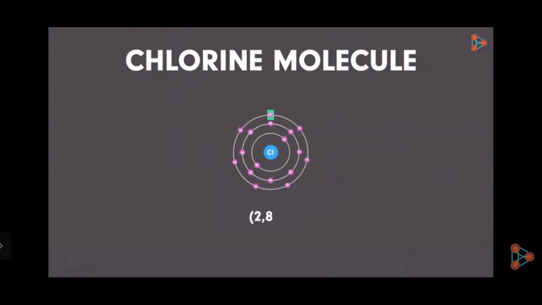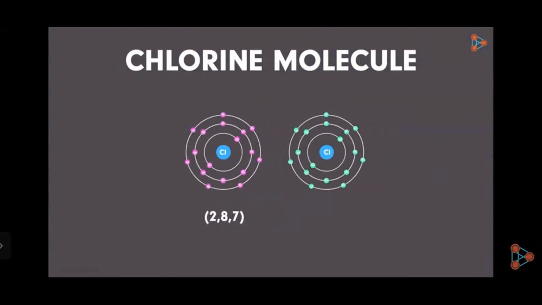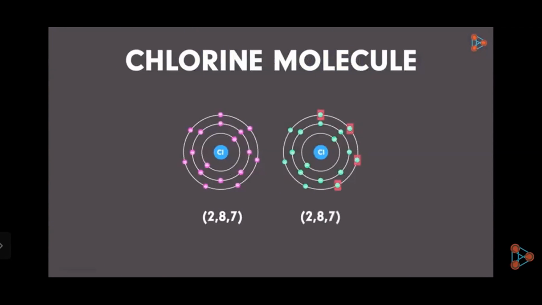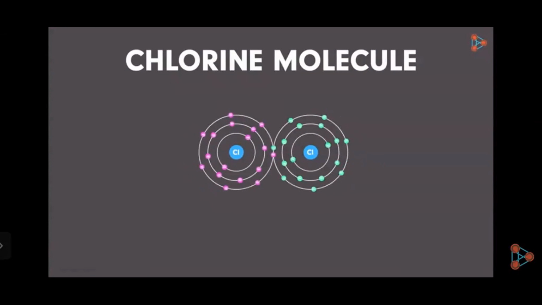We know that chlorine has 7 electrons in its outermost shell. That means only 1 electron is needed by it to complete the octet. Now here's another chlorine atom which again has 7 electrons in its outermost shell. Both of them want 1 electron each. And that is why we find 2 chlorine atoms coming together and forming a bond by sharing 1 electron pair.